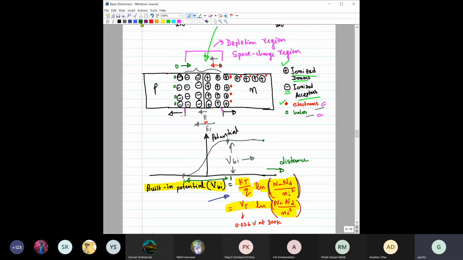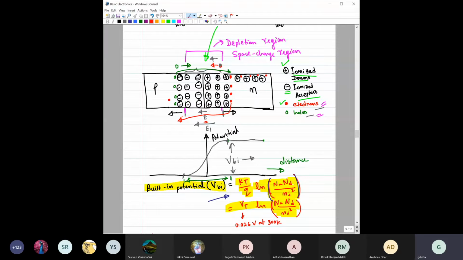How? See this. This hole will again, due to this concentration gradient, try to move from this side to this side. It will definitely, nobody can stop it, right? This electron will also try to move from this region to this region. Nobody can stop this movement of electron. But at the same time, okay, there will be some minority electrons also, right, in this p side.